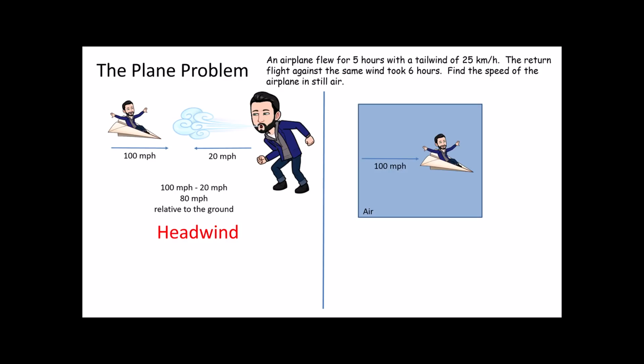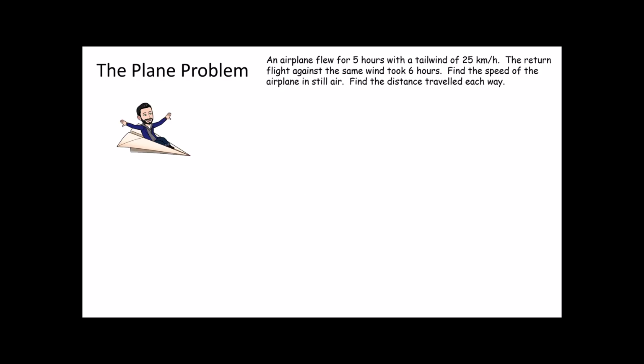If I'm moving through the air at 100 miles per hour, but that box of air, the air itself, is moving backwards 20 miles per hour, then I'm only moving 80 miles per hour. That's how headwind works. Now that's going to help us as we're working our way through this plane problem, because the actual speed of the plane in a headwind is the plane's speed minus the wind's speed.